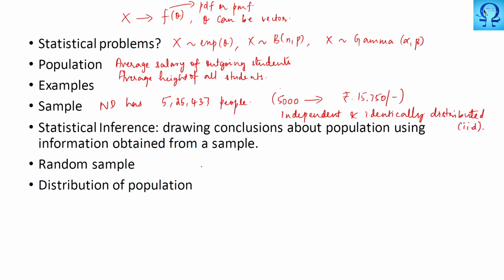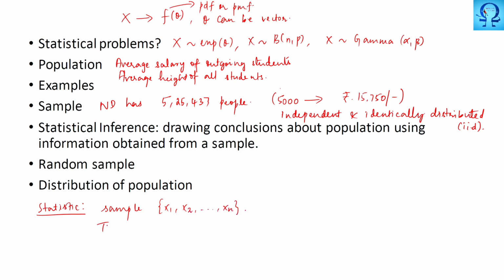Okay, and we have another term called statistic. Supposing from the total population you have obtained a sample of size n, and let us say the sample is x1 through xn.